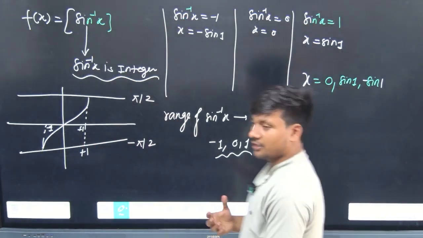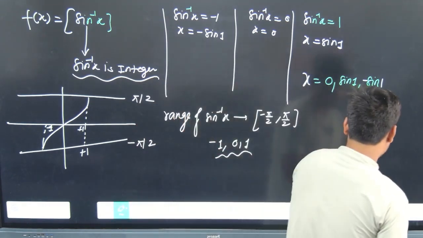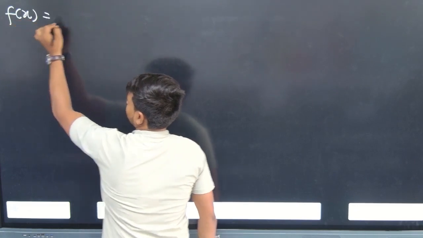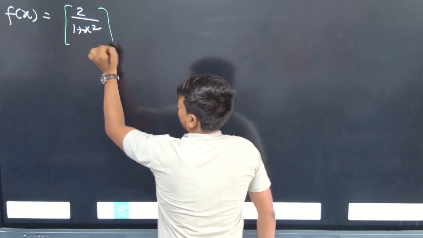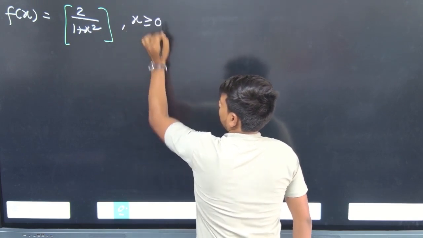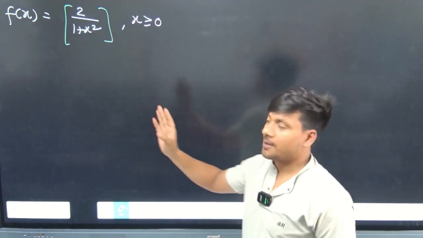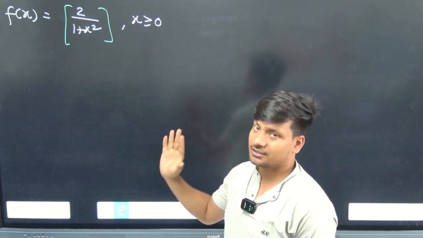So now we will see the next question. Our function is f(x) equal to greatest integer of 2 upon 1 plus x square. Now we will discuss where this function is continuous or discontinuous.